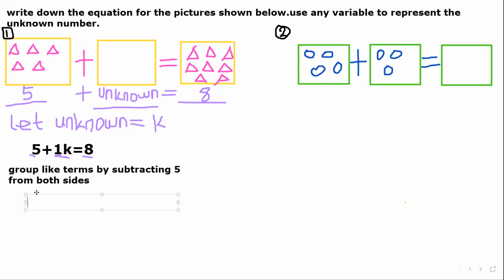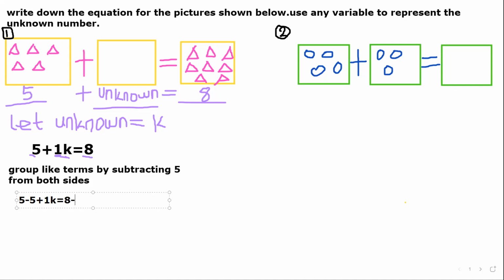Now, once you have written group like terms by subtracting 5 from both sides, the alphanumeric alone here will maintain that side, and the other side will be the numbers. Therefore, you have to subtract the 5 as you have written here. So 5 minus 5 plus 1K equal to 8.